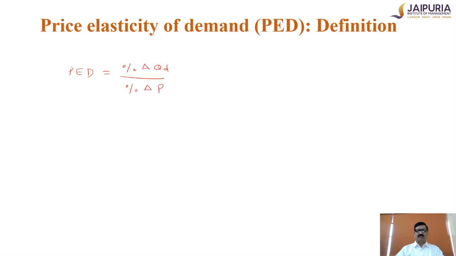For example, suppose price increases by, let's say, 5%, and as a result of price increase, quantity demanded decreases by, let's say, 10%.